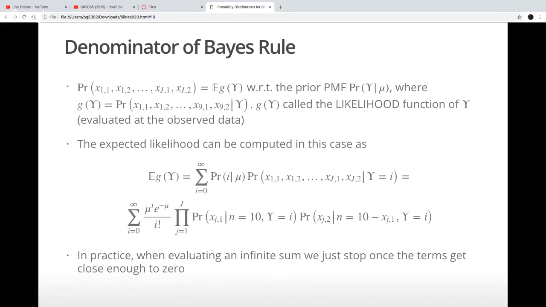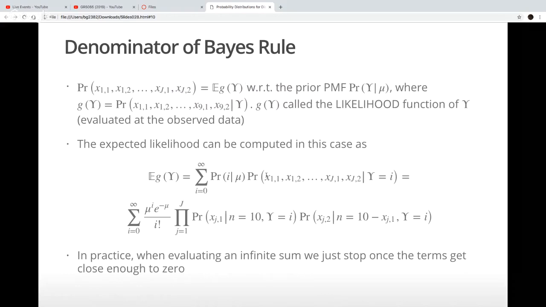But like any function, we can take its expectation by doing a sum over all possible values of the probability weighting on that function. So in this case, we're summing from 0 to infinity, which sounds like it would be a whole lot of work. But in practice, when evaluating an infinite sum numerically, you just stop once the terms start getting so close to 0 that you don't care about them anymore, or your computer can't distinguish them from 0.